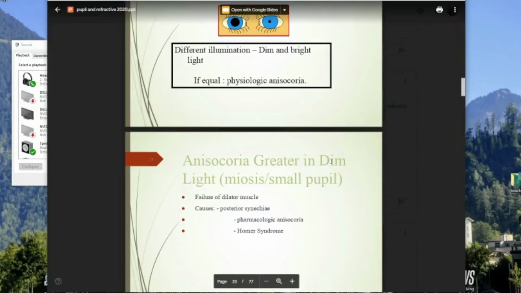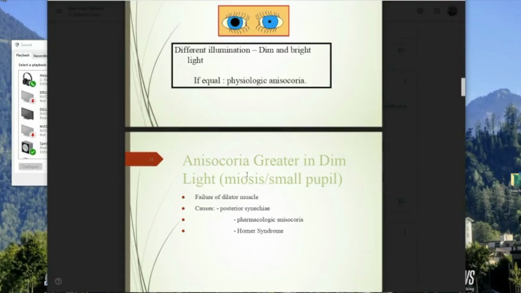In dim light, by right, your pupil should be dilated. However, in this condition, the pupil remains constricted.